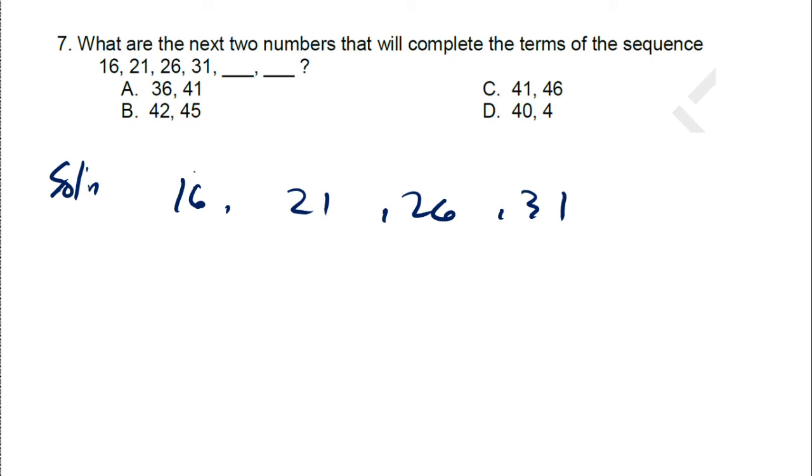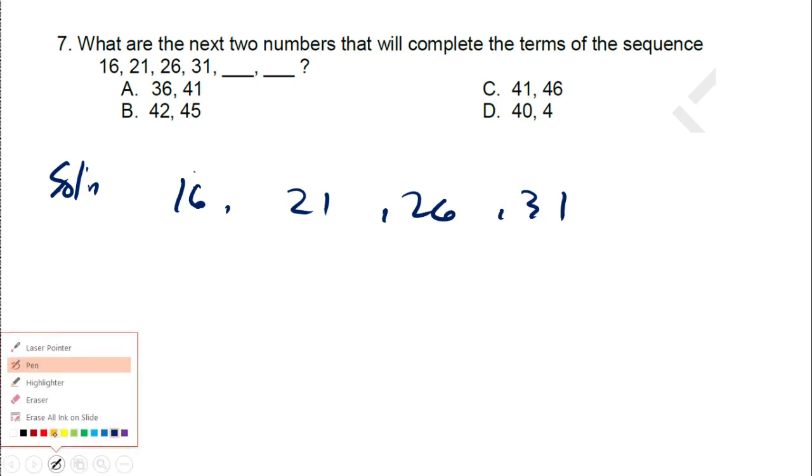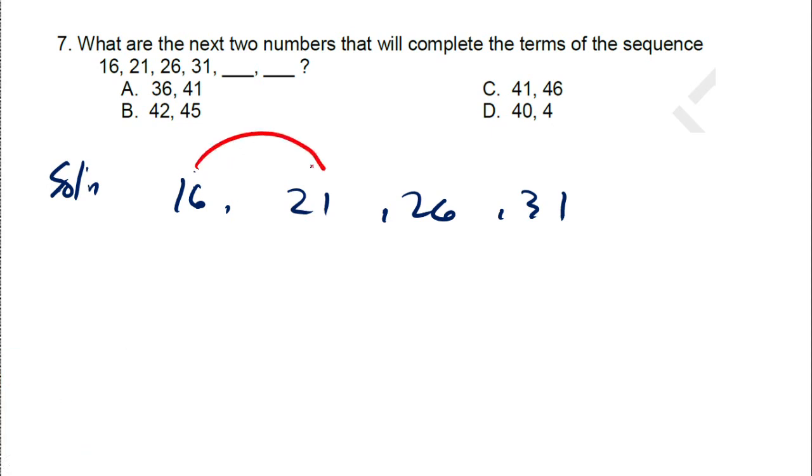From 16 to 21, we are adding plus 5, and from 21 to 26, we're adding plus 5 also. From 26 to 31, we're adding plus 5, meaning the next two terms, we're adding 5 to the last term, which is 31.